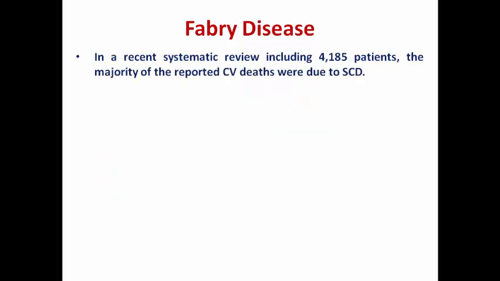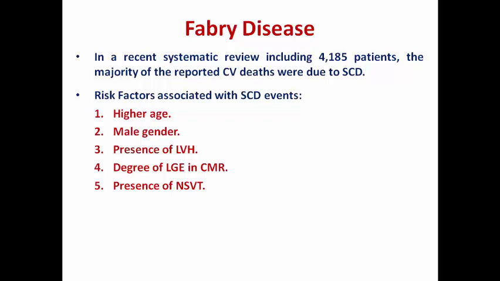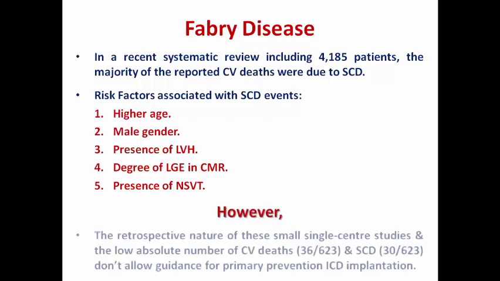In a recent systematic review of this disease, including 4,185 patients, the majority of reported cardiovascular deaths were due to sudden cardiac death, and the risk factors included higher age, male gender, presence of LVH on echo, degree of late gadolinium enhancement in CMR correlated with the extent of fibrosis, and the presence of non-sustained VT.